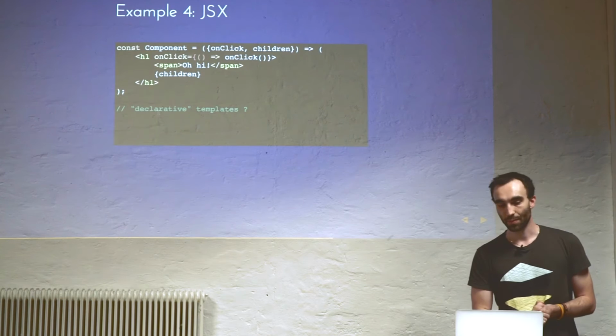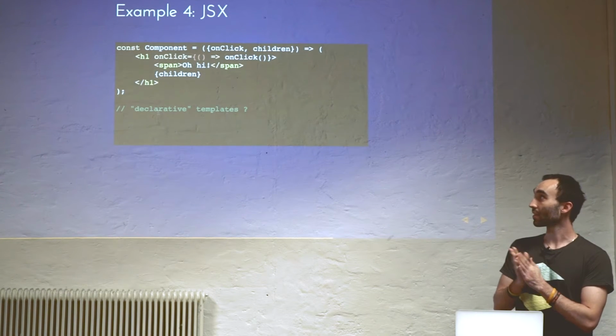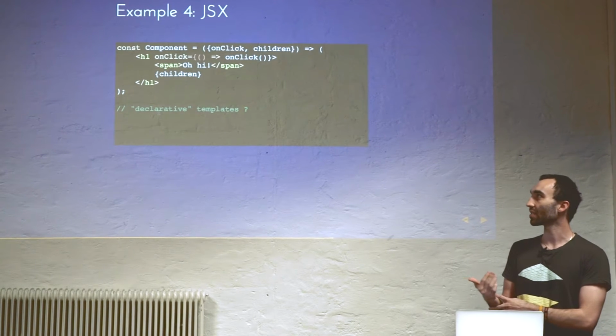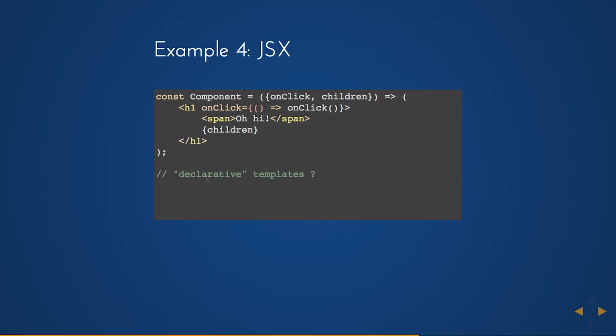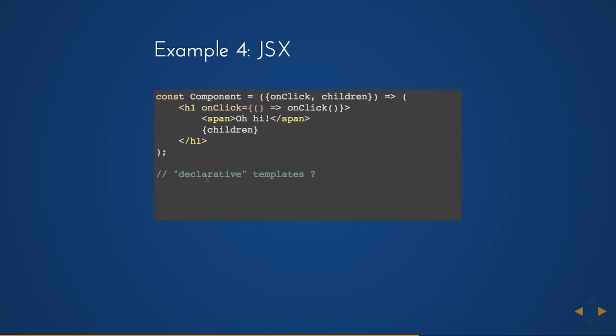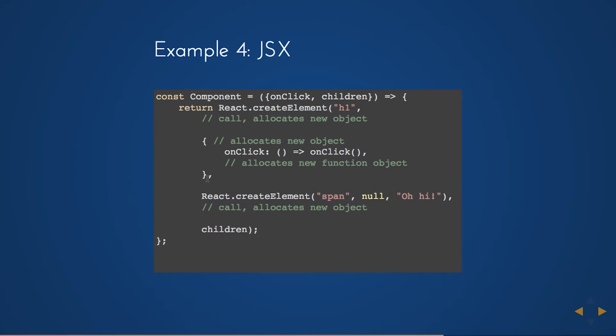Another example is React and JSX. One of the goals of JSX is to bring so-called declarative templates to JavaScript, which are really nice to use. It's really awesome, but they have a runtime cost. Because what the compiler does is it transforms these JSX tags into function calls, which then in the background do some other computation and so on.